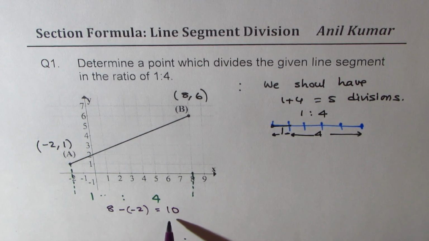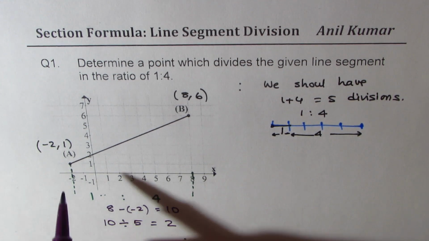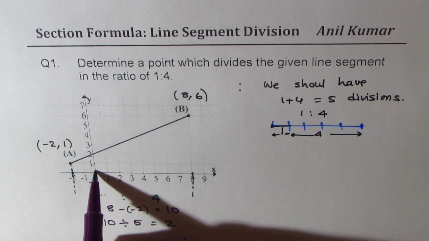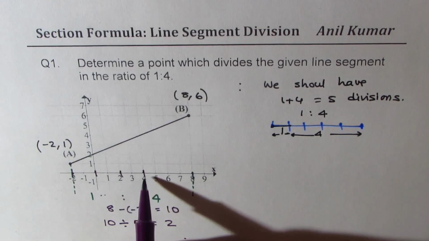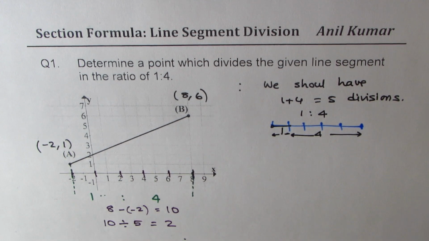If I divide this into 5 equal parts, that means I'm dividing 10 units by 5. I get 2 units each, correct? So starting from here, 1, 2, 3, 4, and 5.